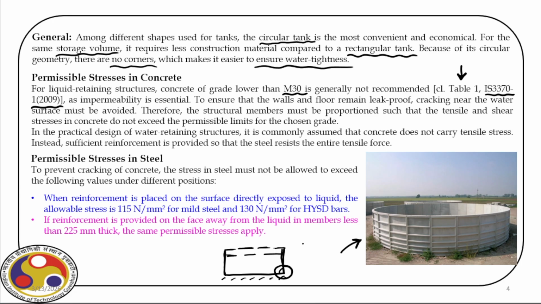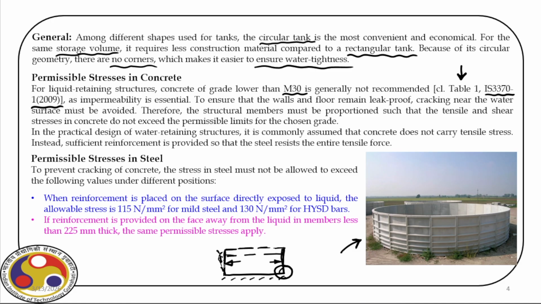Not only that, for any storage device, it will be under water pressure, and under that water pressure, this wall is going to bend like this, or if there is a roof here which is holding it, then the wall behaves like a propped cantilever.